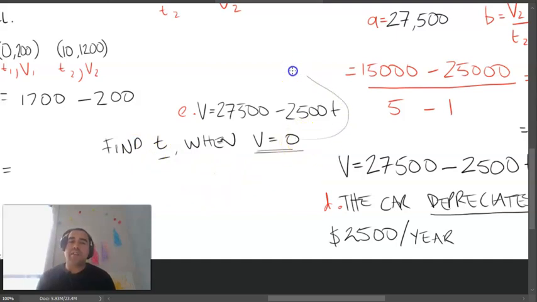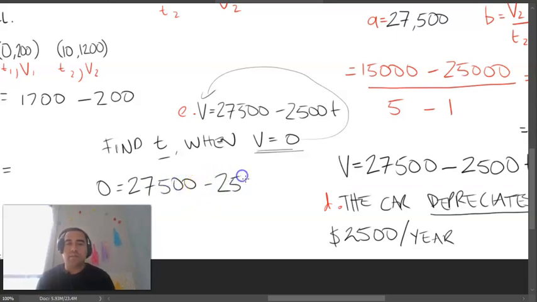So if I substitute that value into the equation, what we end up with is 0 is equal to 27500 minus 2500t, and we'll notice that we've only got one pronumeral, one letter left, which we're going to solve for.